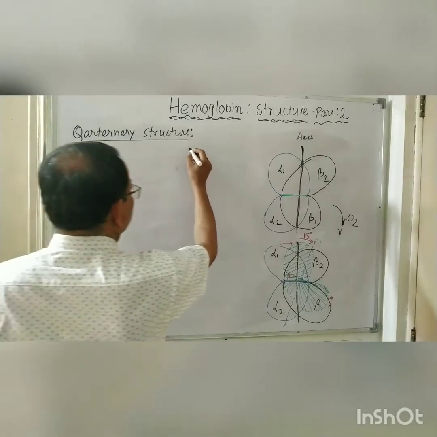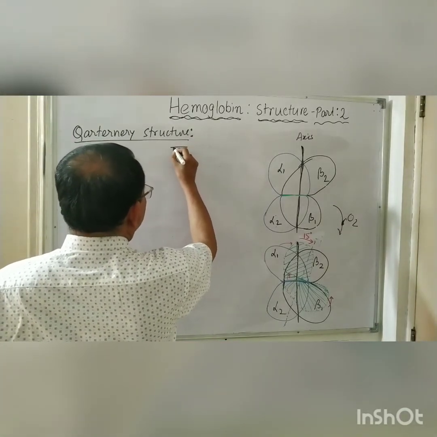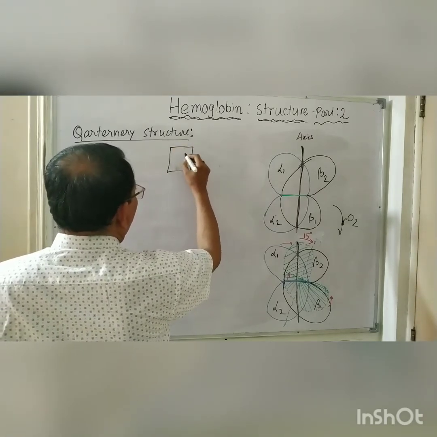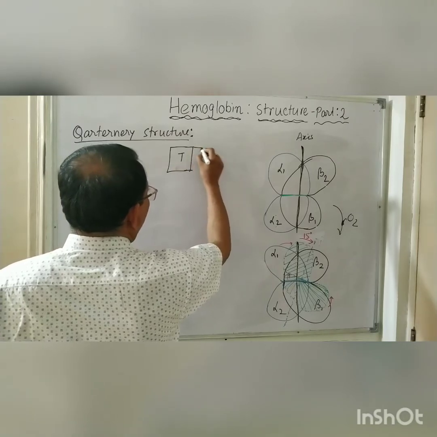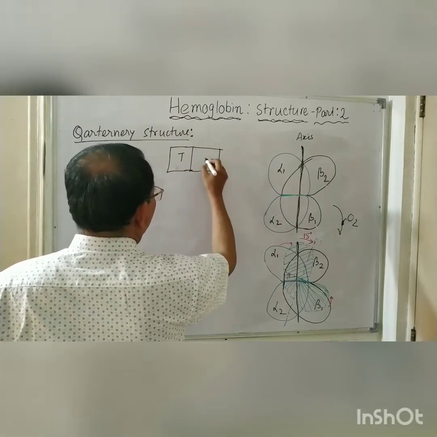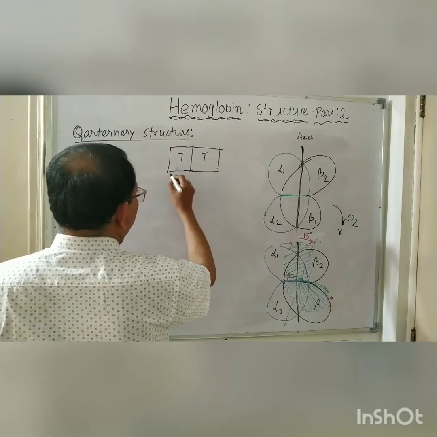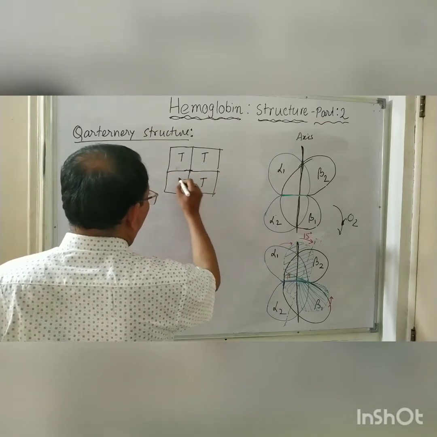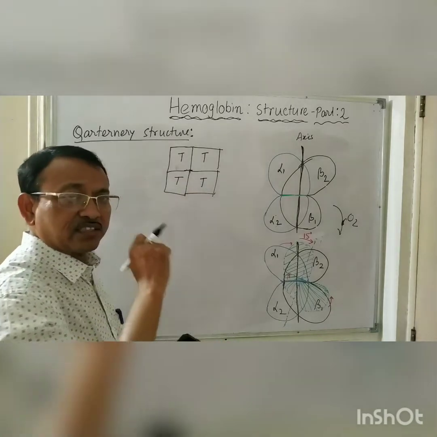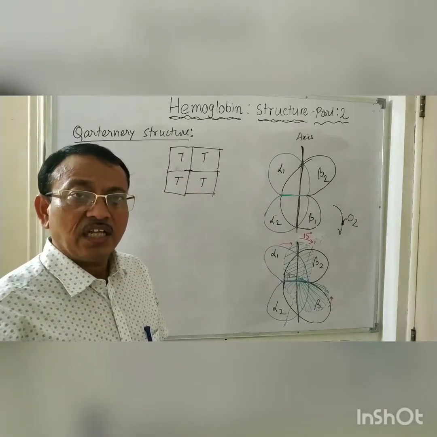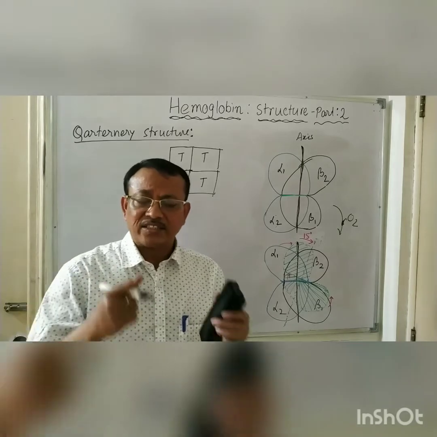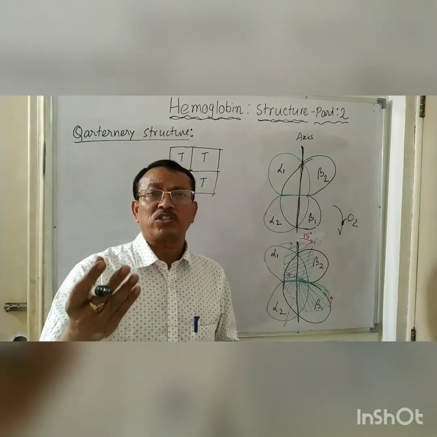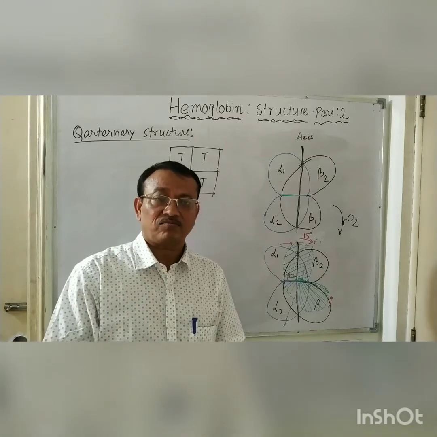So in the deoxygenated state, all four subunits of the hemoglobin, first, second, third and fourth, remain in the tense state. In this tense state, the T state, the affinity of the hemoglobin towards oxygen is a little bit less.